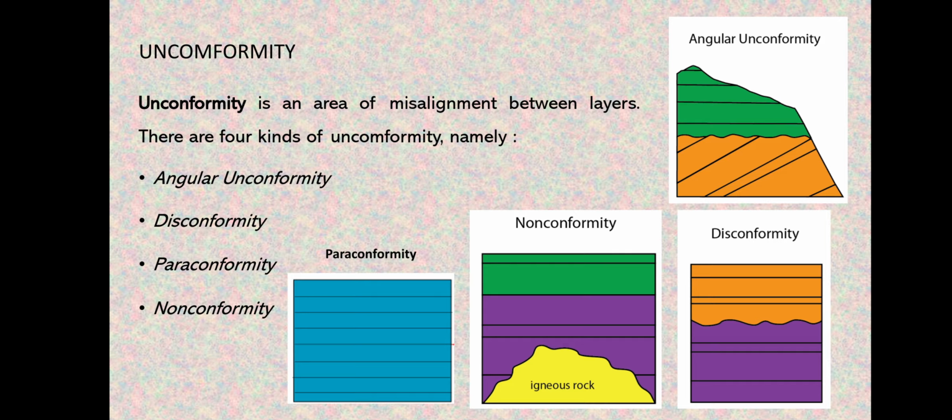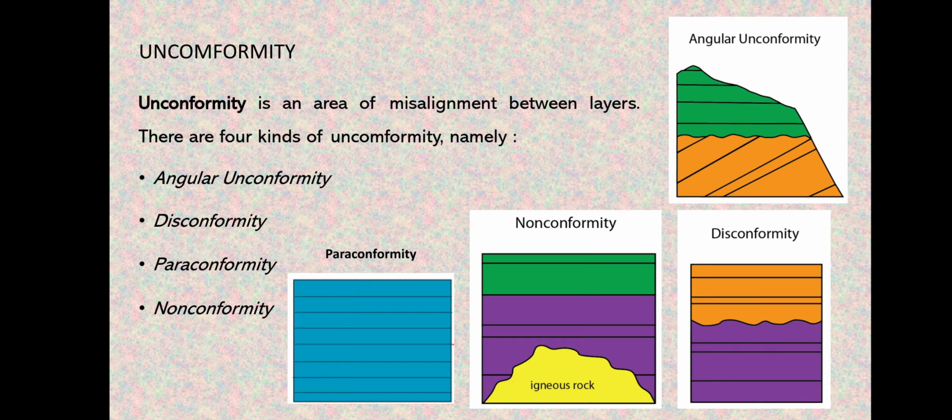Okay, the last is unconformity. So unconformity is an area of misalignment between layers. And there are four kinds of unconformity here. First is angular unconformity, which appears to show a layer that has been folded and eroded.